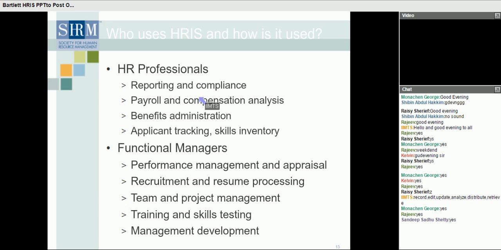HR generates reports and checks compliance issues, checks payroll and compensation analysis, takes care of benefits administration, and takes care of applicant tracking and skills inventory.